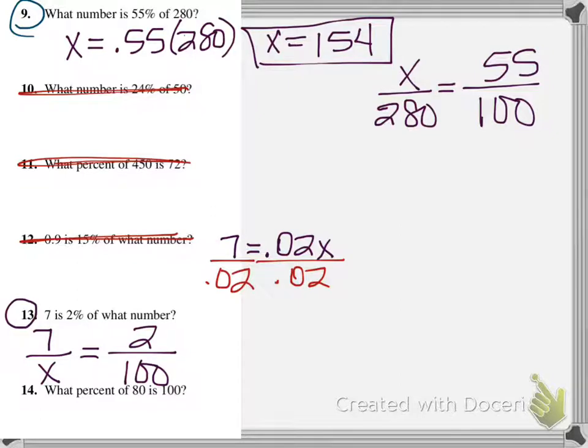And 7 divided by 0.02 is 350. So x equals 350.